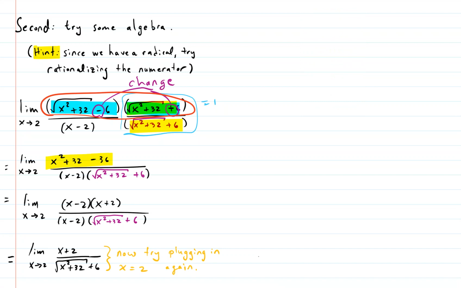In the bottom, we still have the square root of x squared plus 32 plus 6, multiplied by the x minus 2. We're going to leave it like that. We're not going to multiply it through because our hope is that this right here will cancel.